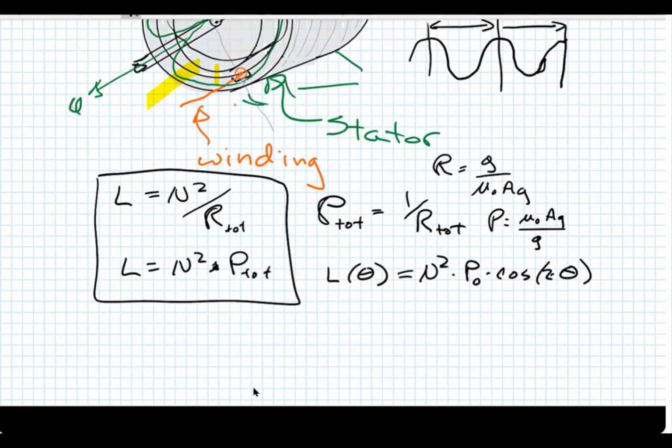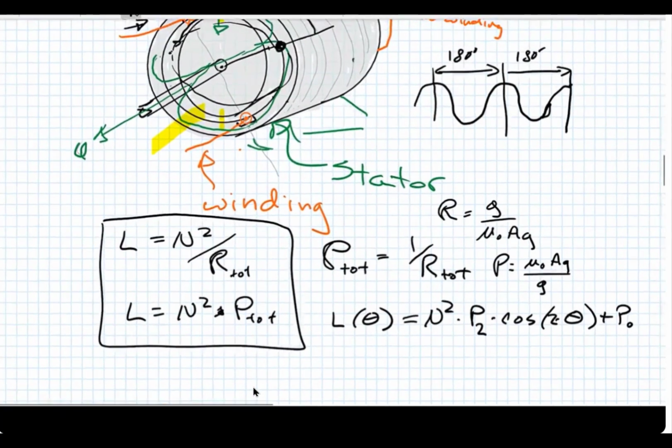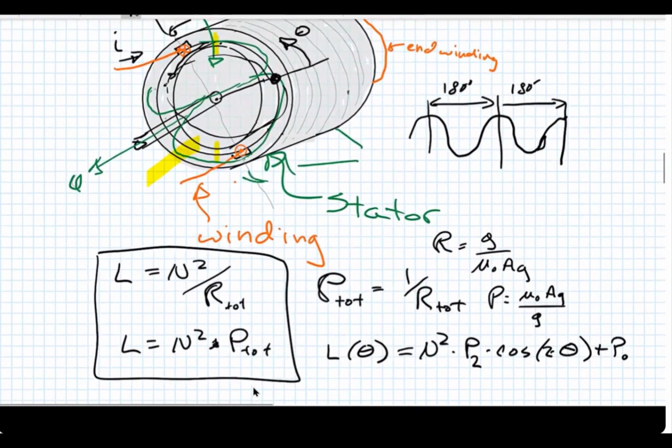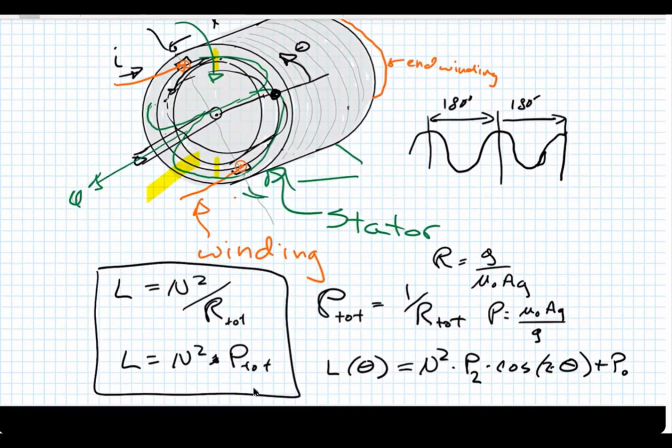The other thing is that there's going to be some average permeance. I'm going to call this P2, but there's going to be some average permeance, because the gap doesn't completely close. I mean, the machine wouldn't move, right? It would just rub.